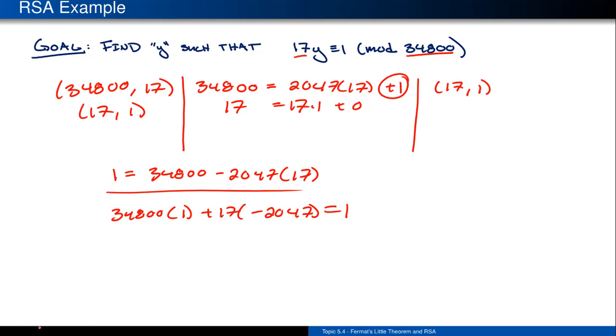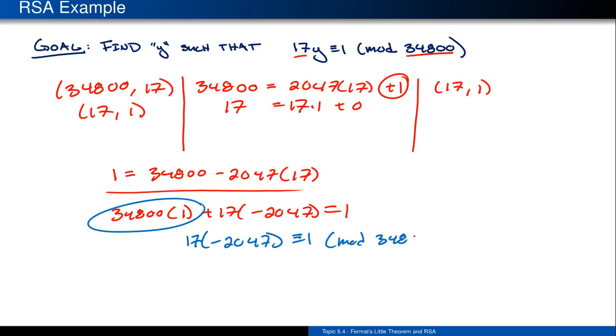If I look at this equation modulo 34,800, that component goes to 0, because it obviously is 34,800. So I end up with 17 times negative 2,047 kicks out a 1 modulo 34,800. That is that special little number that I'm looking for.